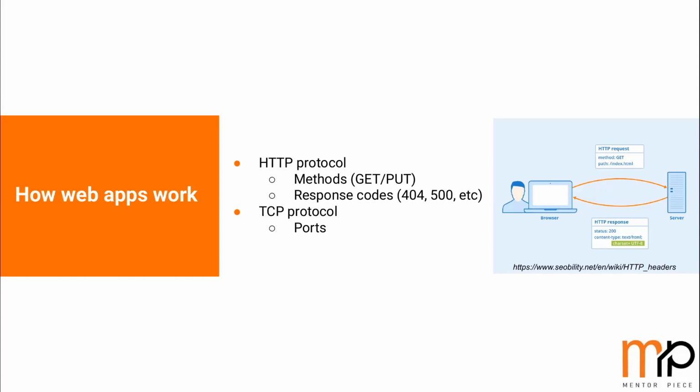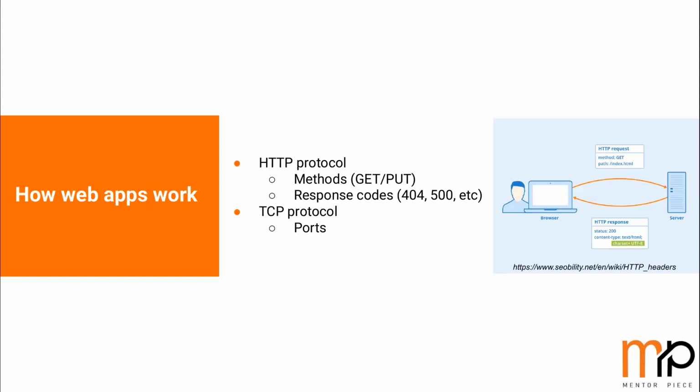Web applications are built over the HTTP protocol, and as you can see in the image, the simple flow of information in a web application is that the user, using a web browser, requests something from a web server, and the web server responds to this request with the information requested.